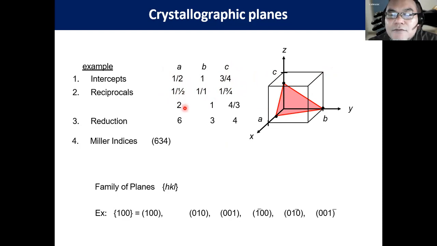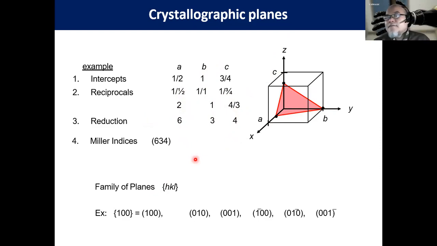So this becomes 2, 1, and 4 over 3. Now this still has a fraction, and Miller indexes should not have any fractions. So we multiply by 3 so that all the numbers become integers. 2 times 3 becomes 6, 1 times 3 becomes 3, and 3 times 4 over 3 becomes 4. So the Miller indexes of this plane are (634).